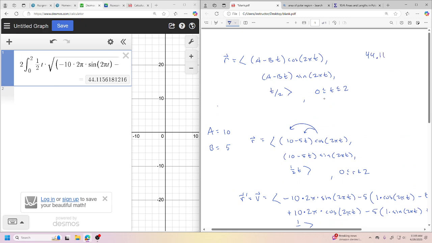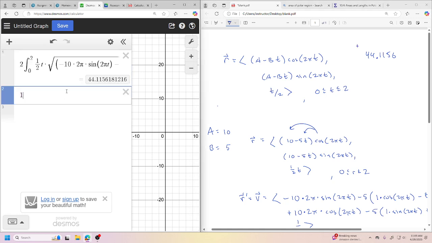Man, 2.1156. Okay, fine. So I'm adding the other guy, right? So that was 1/2 in the front, integral 0 to 2 pi of, times 5 times t over 2 pi, all squared.